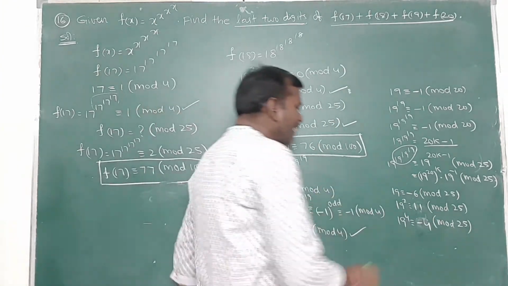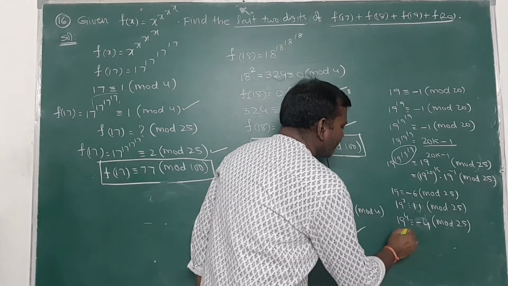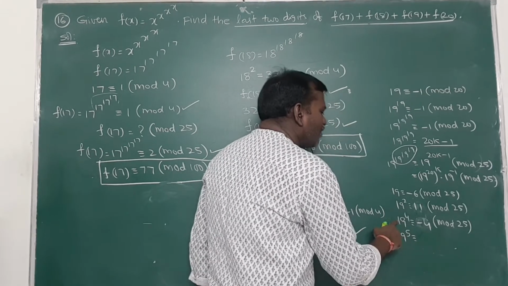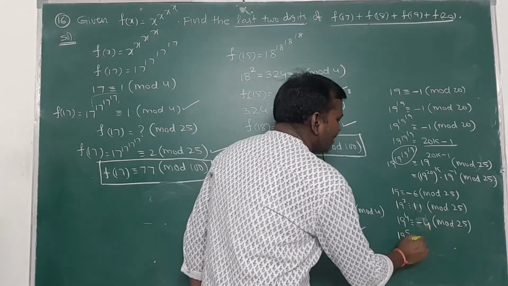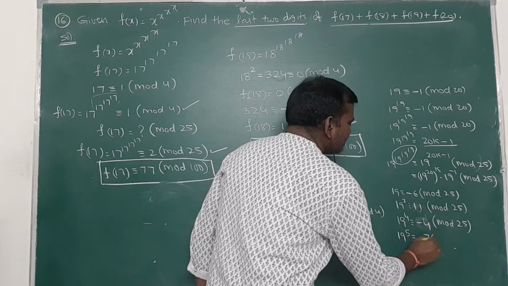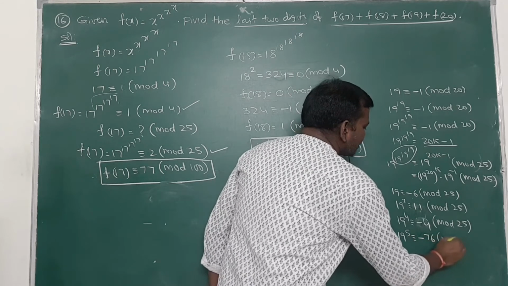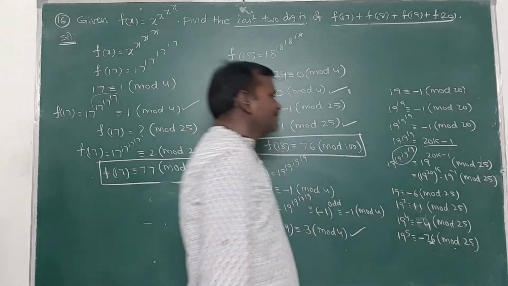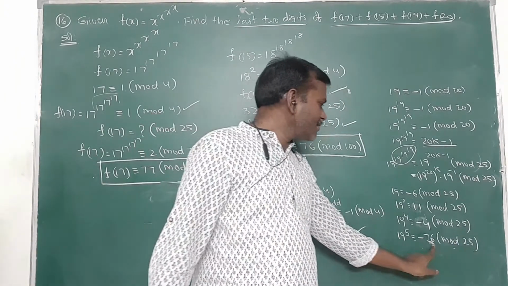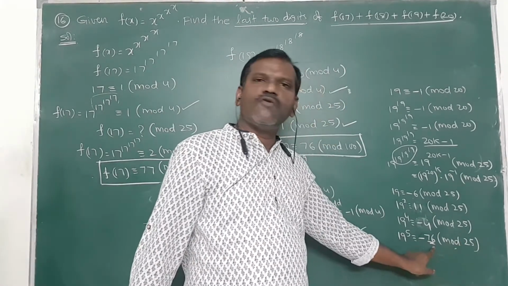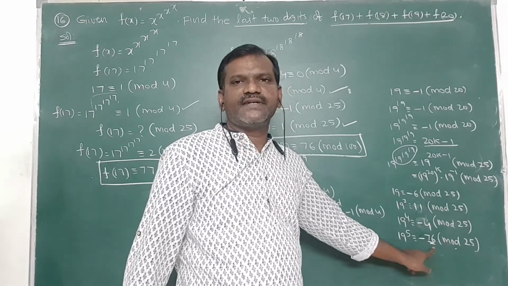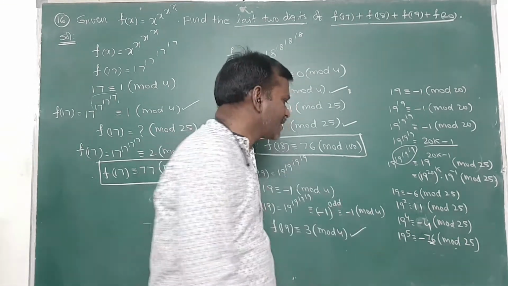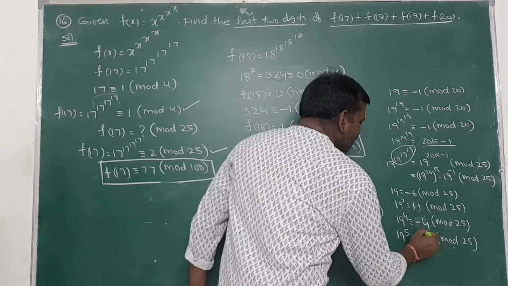When it is multiplied by 19, that means 19 power 5 means 19 power 4 into 19, that means minus 4 into 19, minus 76 I am getting here. So 76 when divided by 25, what is the remainder? 76 when divided by 25, the remainder is 1. 3 times 25 is 75, so the remainder is 1 here. So I am getting minus 1.